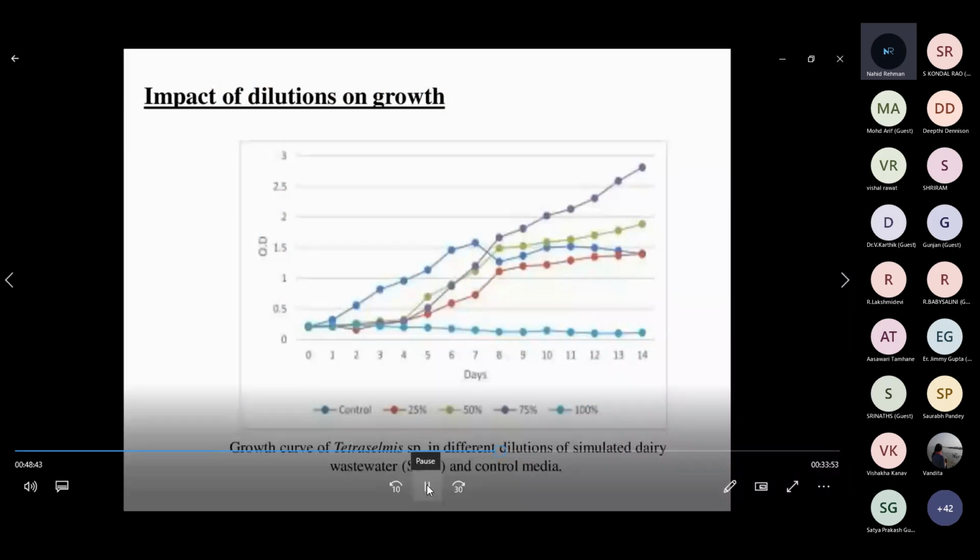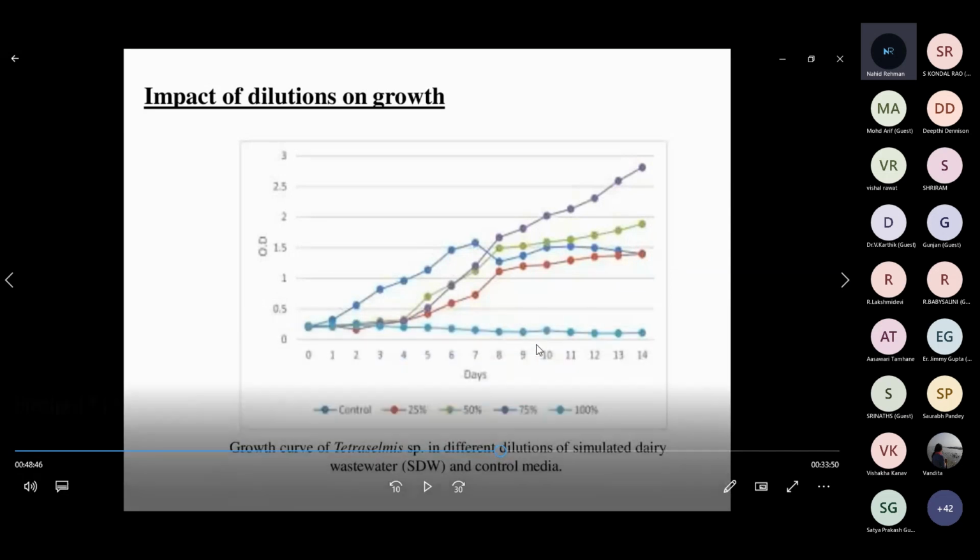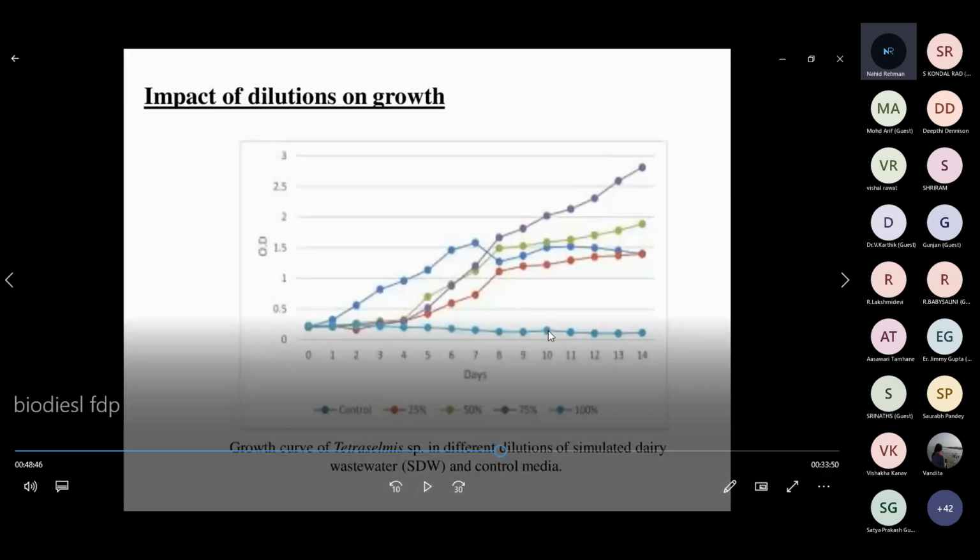Okay, she just wanted to tell you one should know the idea of doubling time of the microbe which we are using to study the impact of different dilutions. So different dilutions we prepared for the media, that is 25%, and then this is the control.